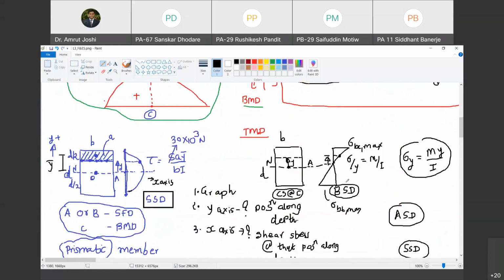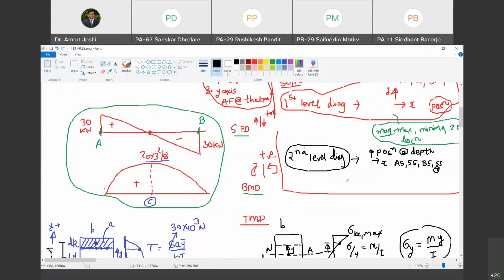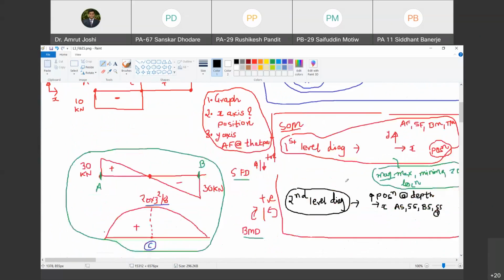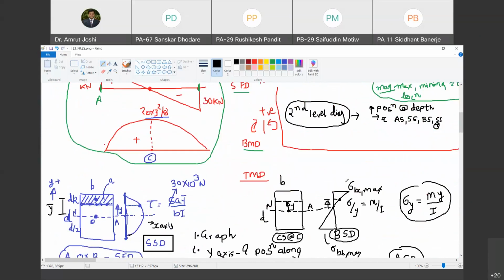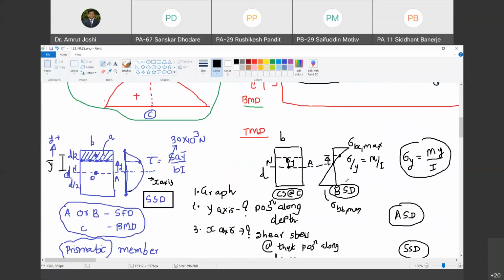Sir, whenever we are analyzing stresses and forces, it's not just along the length of the span, it is along the depth as well. In order to know the location of the critical points along the depth, because the span can fail in that direction as well.